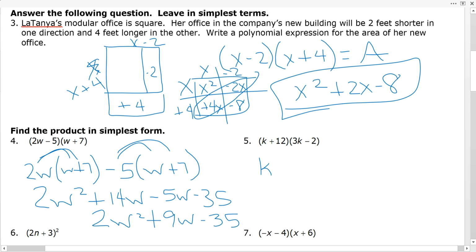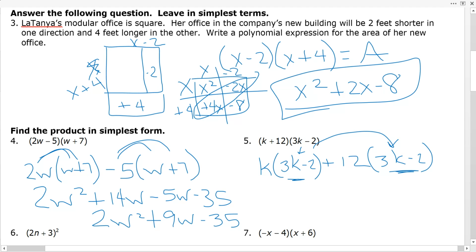So k plus 12, 3k minus 2, 3k minus 2. Notice that these are always the same. I don't ever multiply times something different here and here, because I'm just writing the same thing twice so I can multiply each one of the terms times the second binomial.